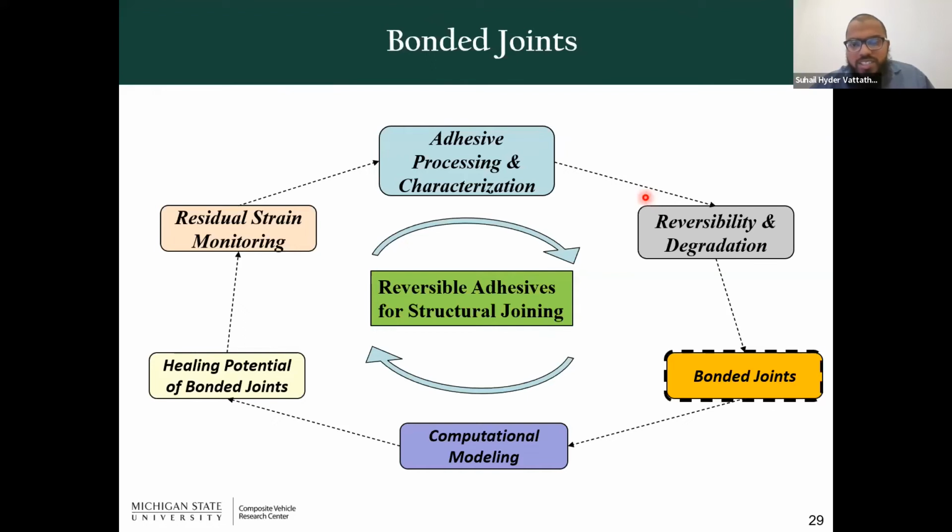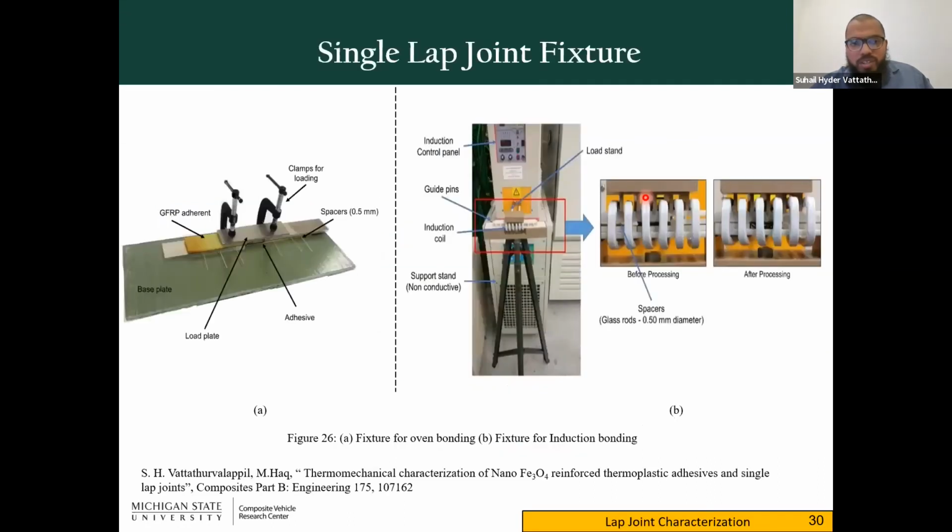Now, the next stage: once you have controlled EM induction heating, we use that technique to create the bonded joints. To create the bonded joints, we again had to develop our own fixture to make a single lap joint. This is the fixture that you see here. The entire fixture must be made with non-conductive materials, because if you have a conductive material, everything subjected to this EM coil gets heated up.